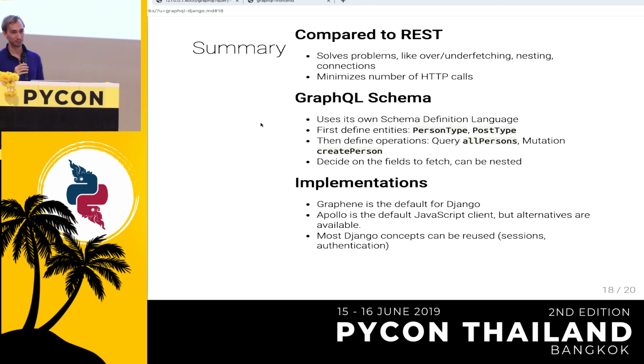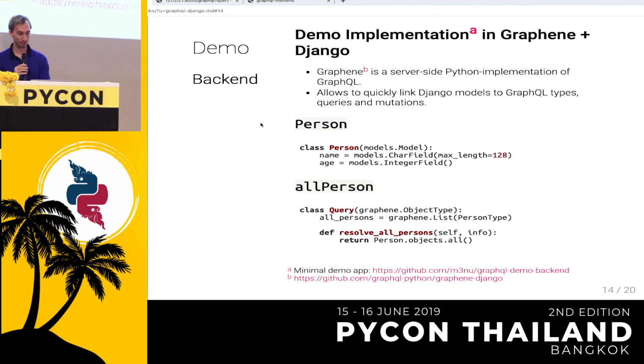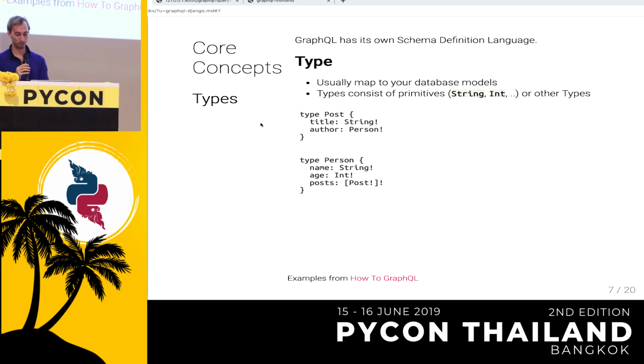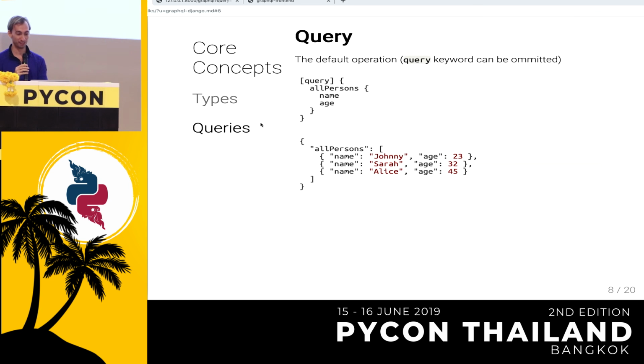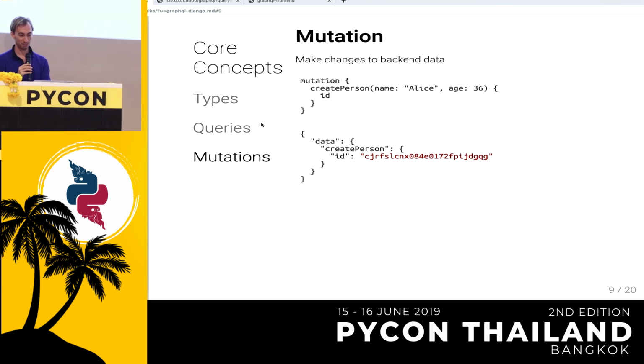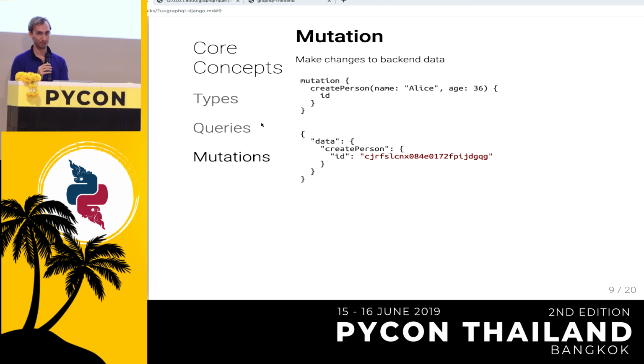Then about the GraphQL schema, we have seen the types, where defining a type is done almost automatically. Then we saw how to do queries, which is the default type, where you choose the fields you want. The second type of queries you can do is mutations, which change data.